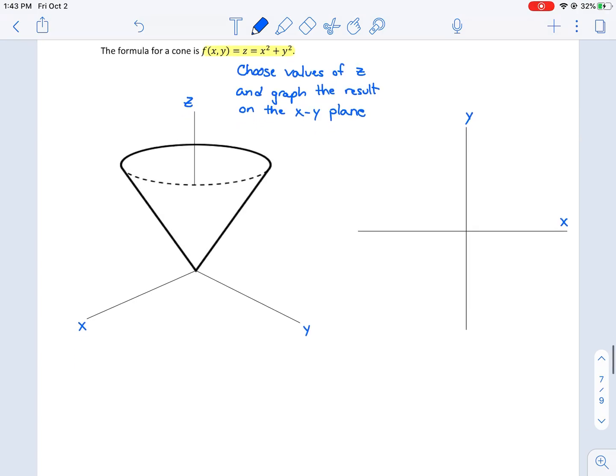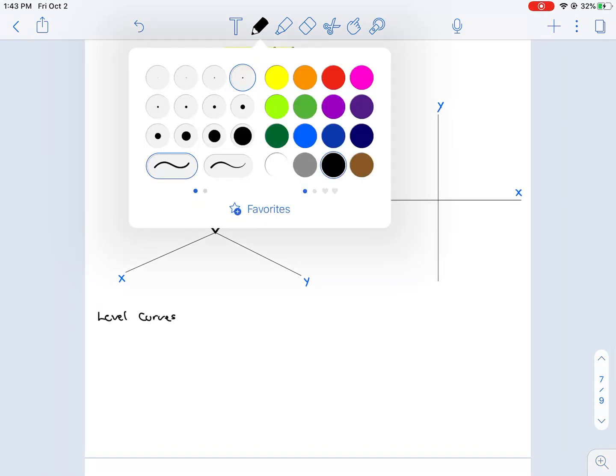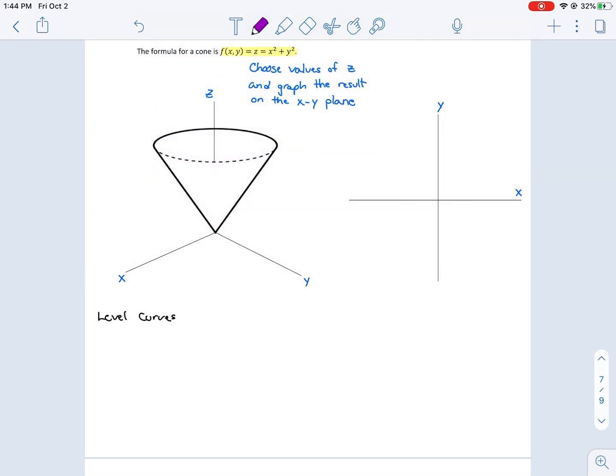Okay, so let's start with z is equal to 0. If z is equal to 0, then that means that 0 is equal to x squared plus y squared. That is this purple dot that I placed on the XYZ grid.